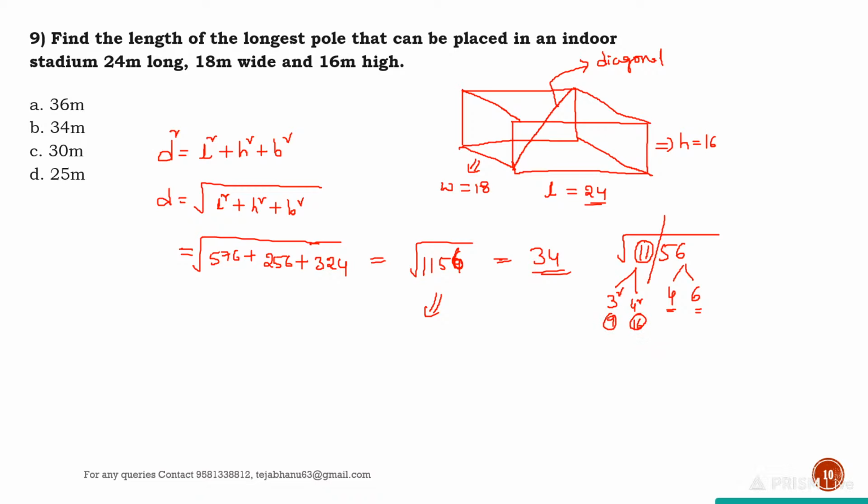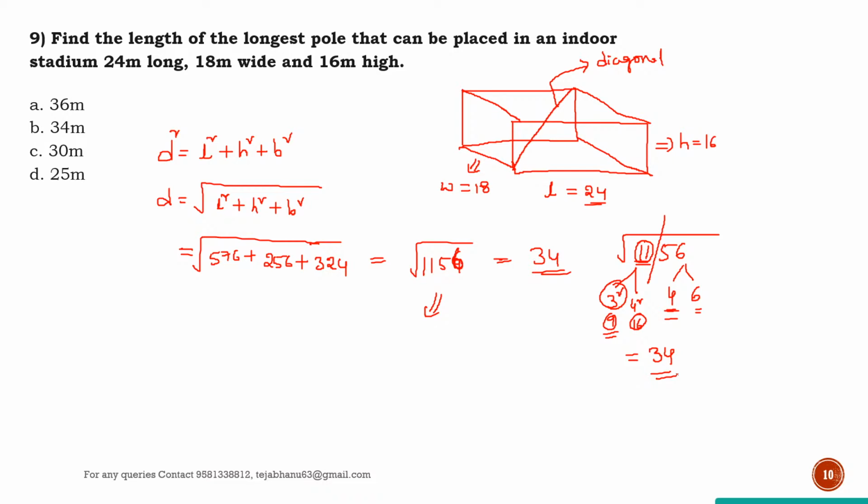Always consider the least, which is 3. So consider the smallest number, which is 4. So it is 34. For more clarity, go through the video which I did previously.